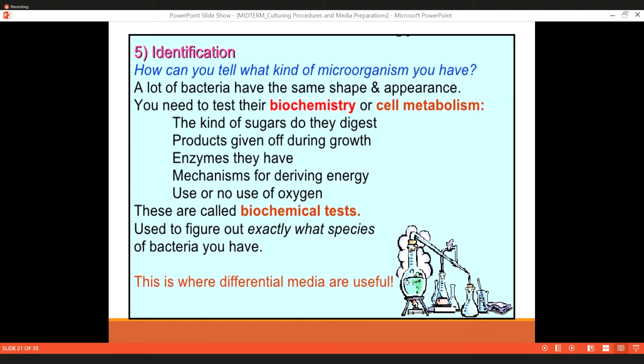Aside from that, there are also biochemical tests which help you to identify such microorganisms. So we have different biochemical tests that would help you identify the microorganism you are looking for. Therefore, if you have an experiment class, we should really be ready before conducting the experiment. We should have researched already so we know what is there in what we are looking for. Maybe we are searching but we don't know what we are looking for, no?